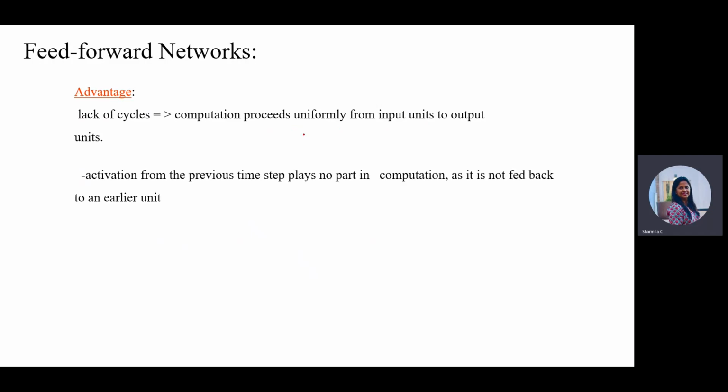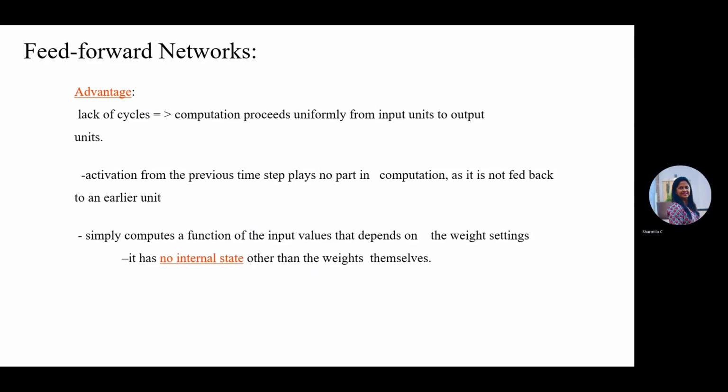Coming to the advantages of feed forward networks, there is a lack of cycles in feed-forward networks, because the computation proceeds uniformly from input units to the output units. Activation from the previous time step plays no part in the computation, as it is not fed back to an earlier unit.